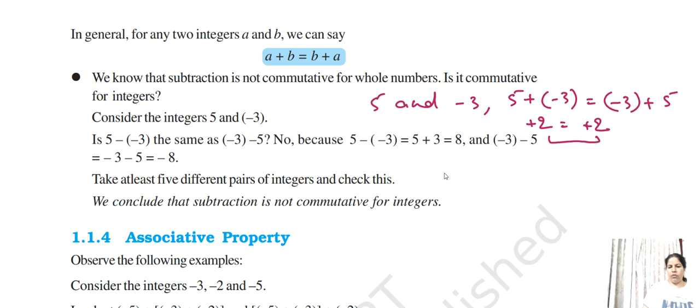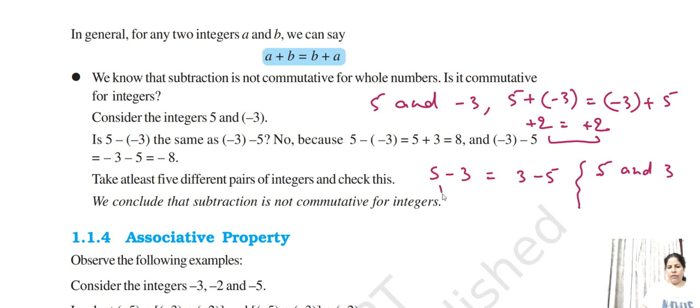Then we'll check subtraction. So if I write 5 minus 3 equals 3 minus 5. In this case we have two integers 5 and 3, and we are just checking whether subtraction is following commutative or not.